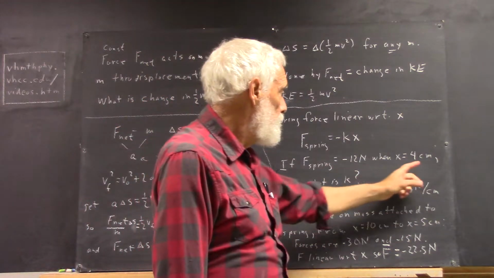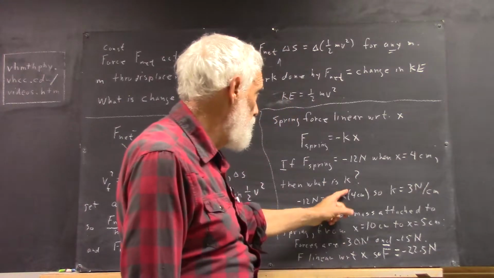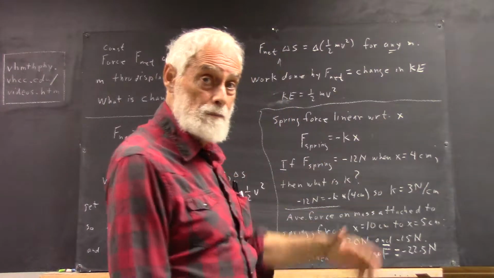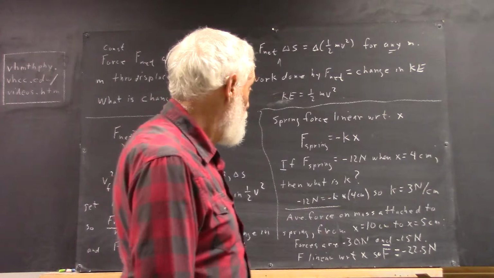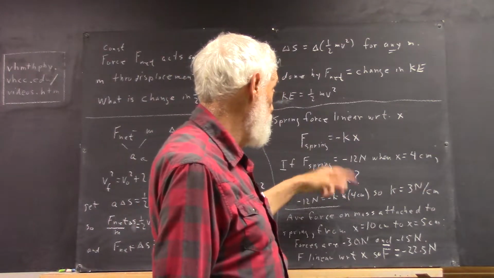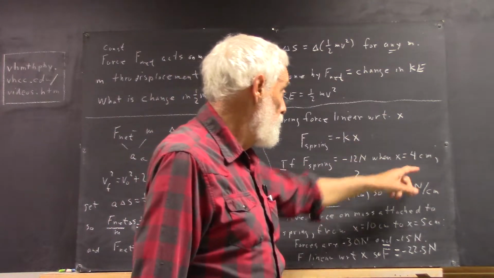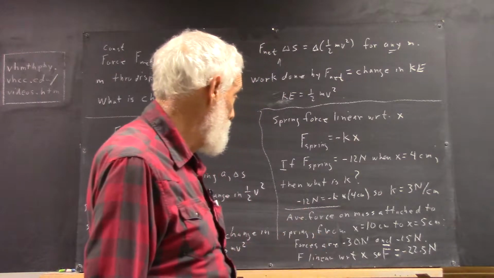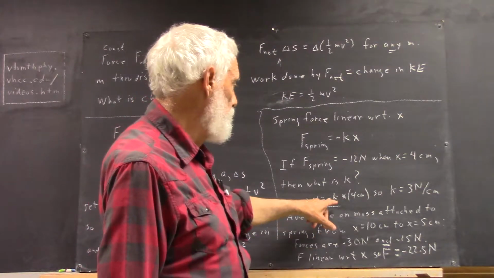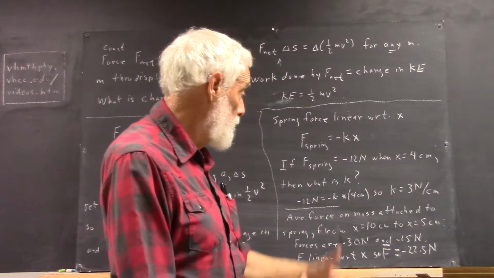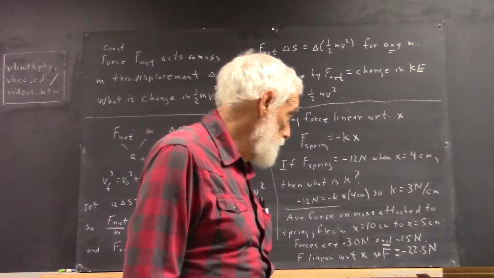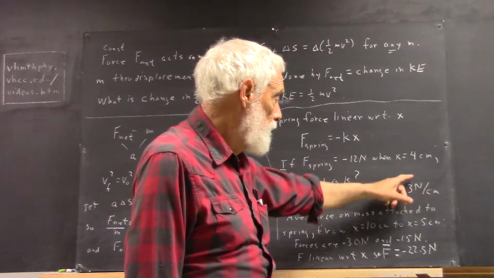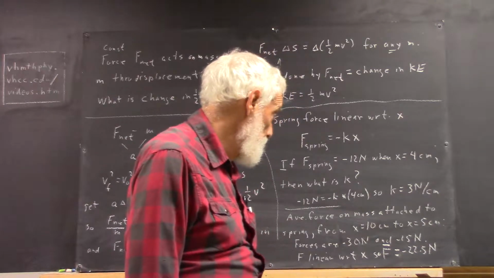If this is what happens, then what's the value of k? Well, that's very easy. Put in negative 12 newtons for the force and 4 centimeters for x. You find that negative 12 newtons is negative k times 4 centimeters. You easily calculate k, and you find it's 3 newtons per centimeter.